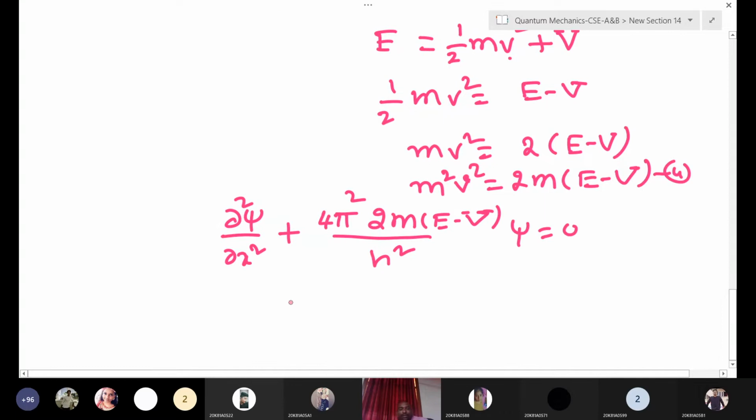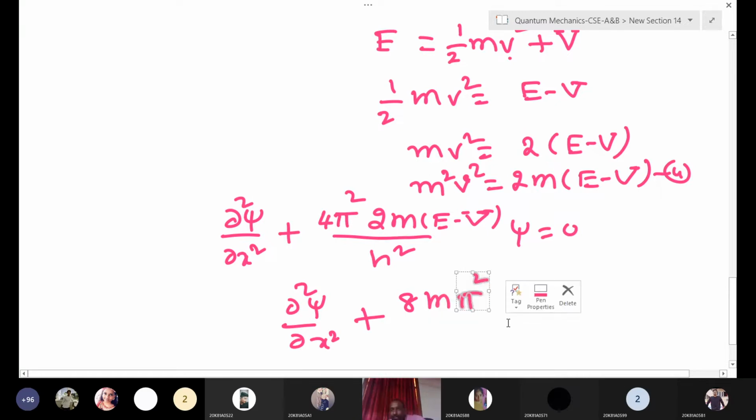Now you can rewrite this expression as dou square psi by dou x square plus 8 pi square m by h square into E minus V into psi is equal to 0.